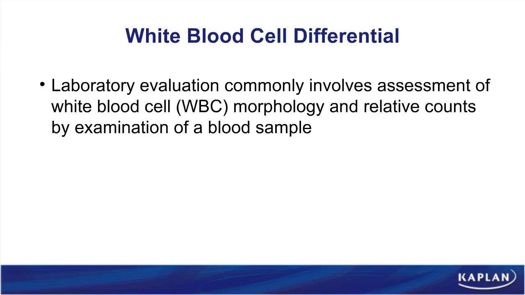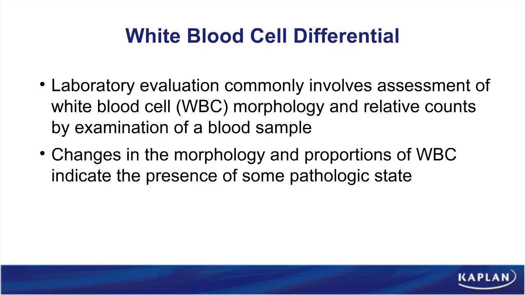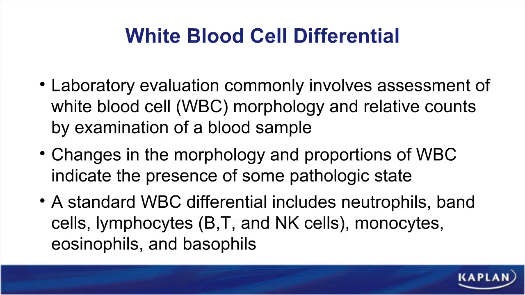Now recall, when you get a white blood cell count and differential, you are typically going to get back a series of percentages. You will get information not only about the proportions of the different leukocytes in the bloodstream, but also changes in morphology. So typically a CBC differential is going to include counts of your erythrocytes.